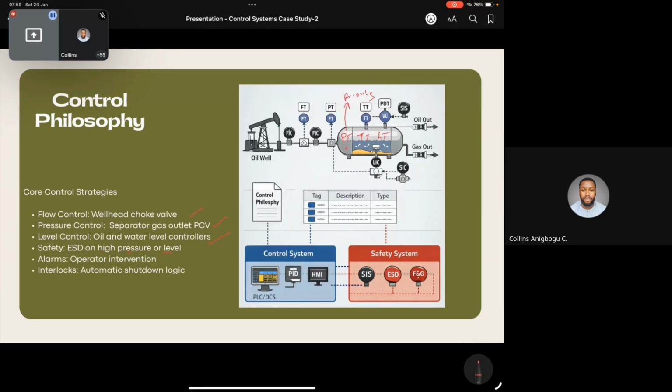Your alarms, when you want the operator or human to intervene, your interlocks, your automatic shutdown logic, right? And even your permissives, right? Permissives are requirements that must be in place before you start up.